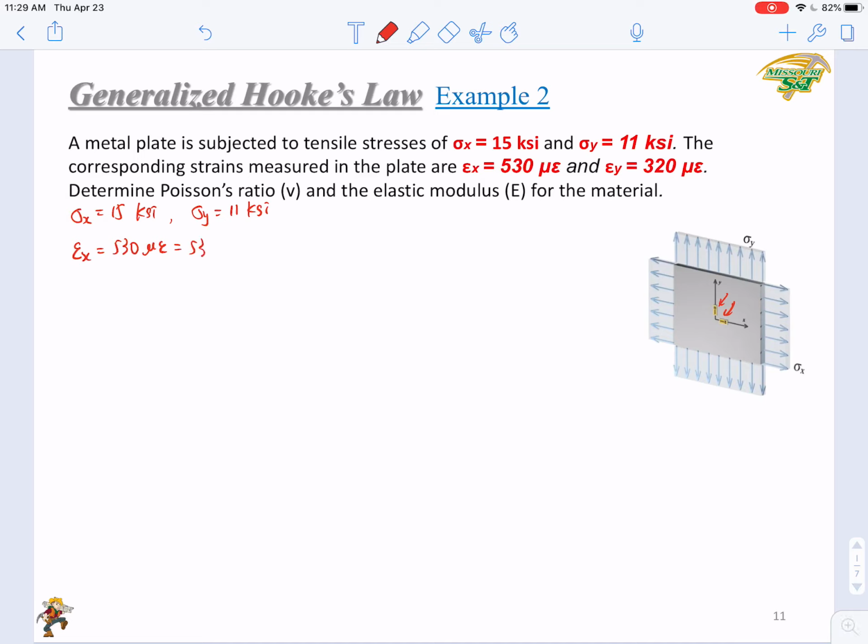Then epsilon Y is 320 microstrain. Okay. Here let's adopt the strain to stress equations.